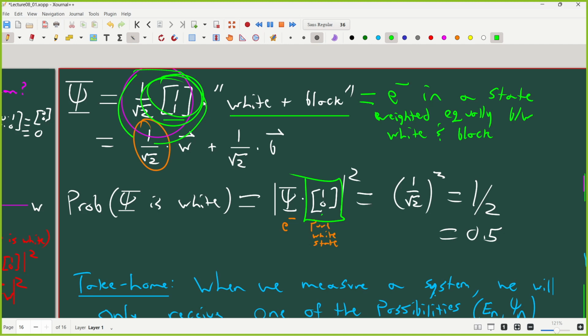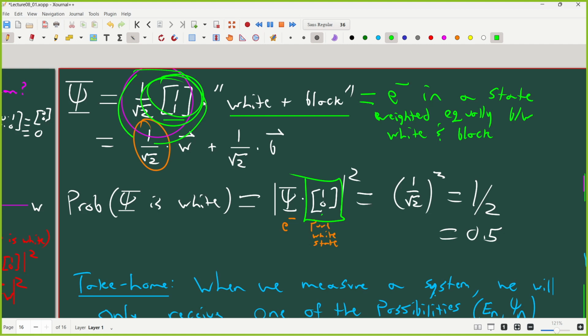In the 1, 1 case, the electron is arranged in such a way that I get a 50-50 chance. But the 1, 0 electron is exactly the same electron as the 1, 1 electron. In terms of its physical identity, they're indistinguishable. But it's in a state where every time I measure the color, it's 100% white.